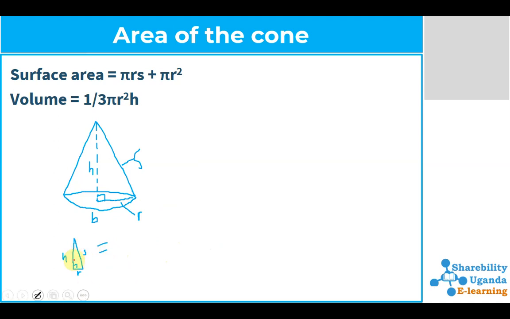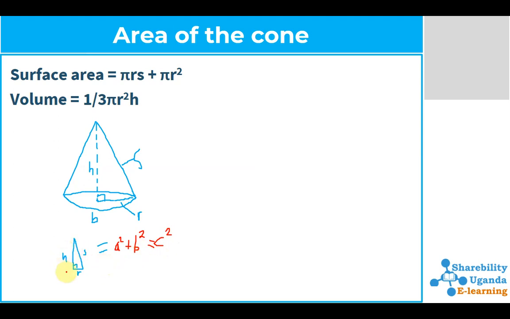We are saying for us to find the slope or the height and the radius, we use a formula which is a squared plus b squared is equal to c squared.